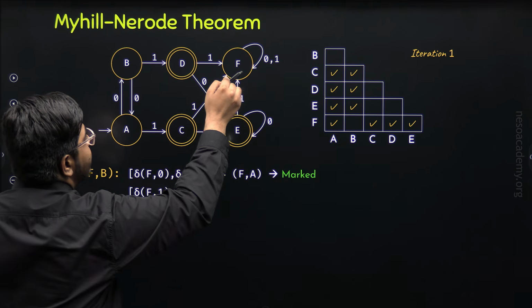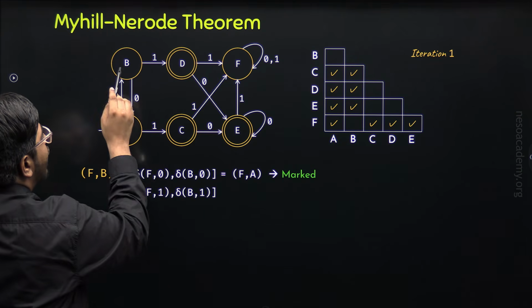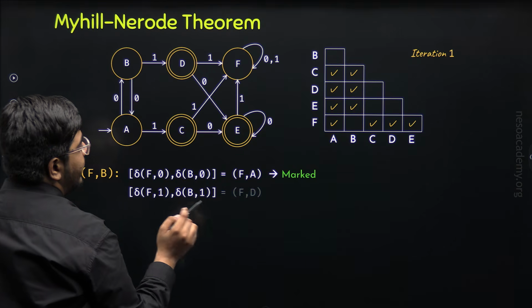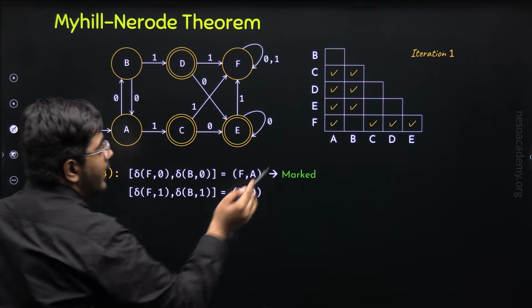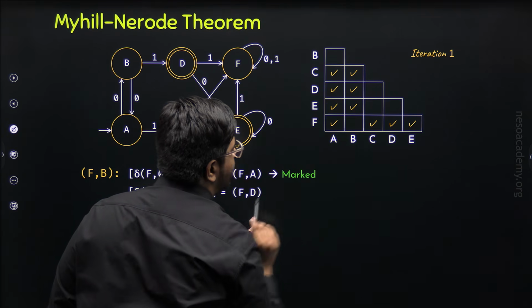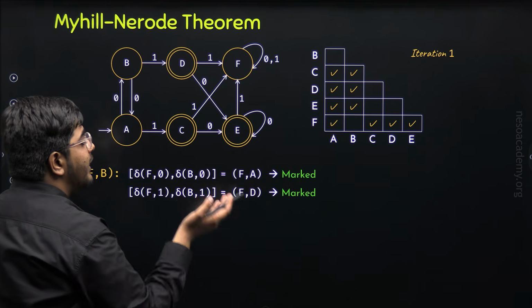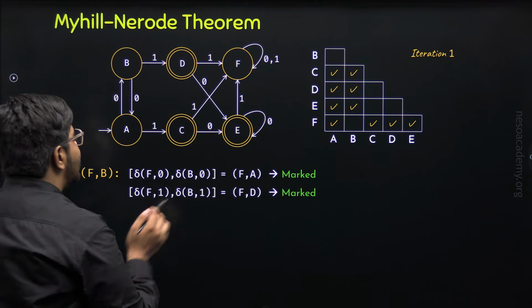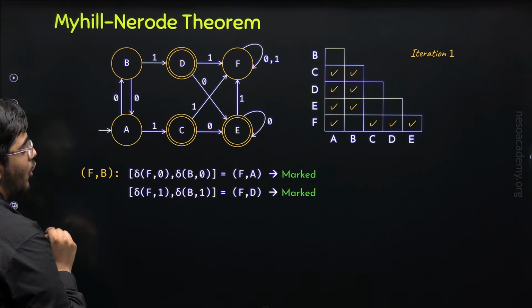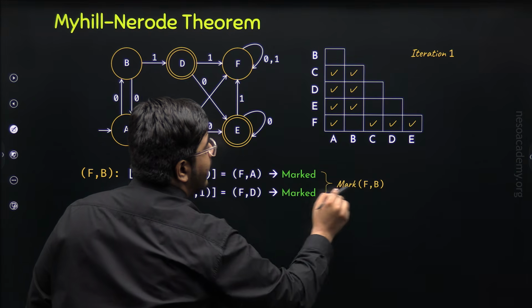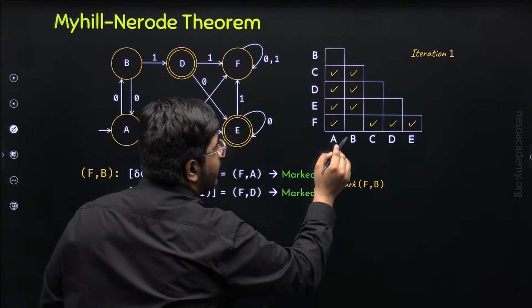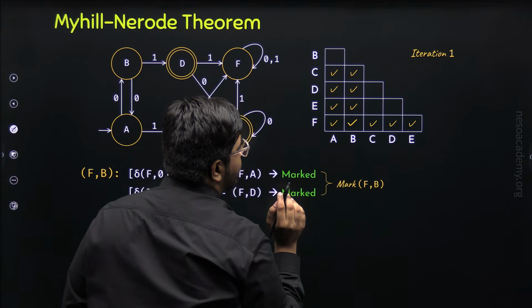Now F comma 1 is F and B comma 1 is D. So we are getting FD. FD, which is also marked. Now both the pairs are marked, and even if only one pair is marked, then also we have to mark F comma B. So we will mark F comma B. FB. This will be marked.